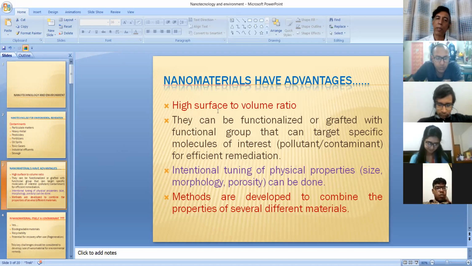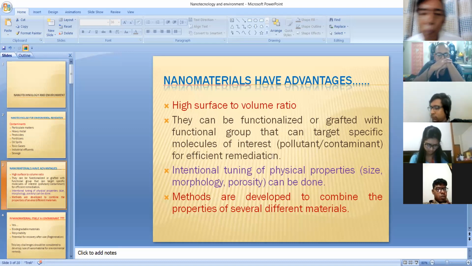As it is of nano size, it has a high surface to volume ratio. The nanomaterials can be functionalized or grafted with functional groups that can target specific molecules of interest for efficient remediation.